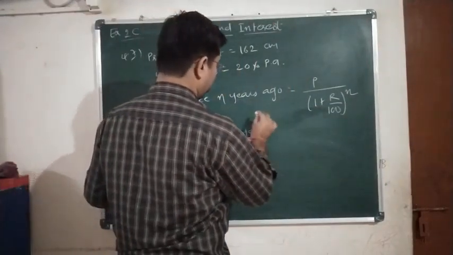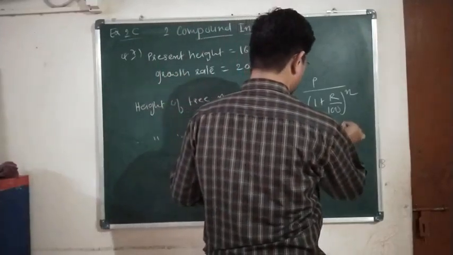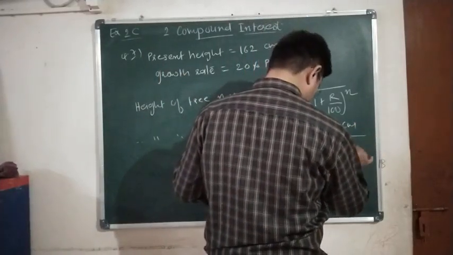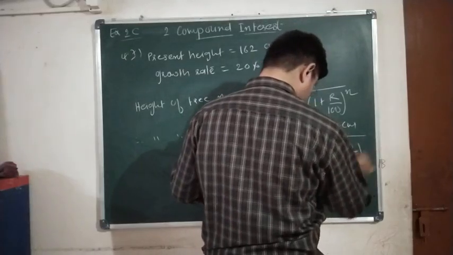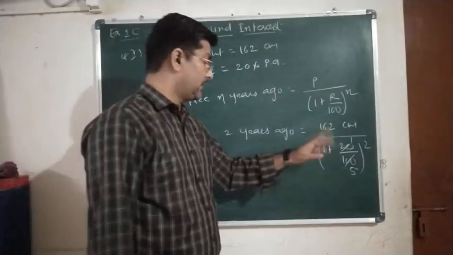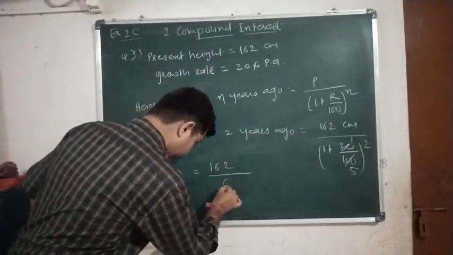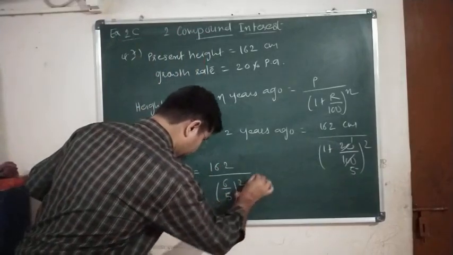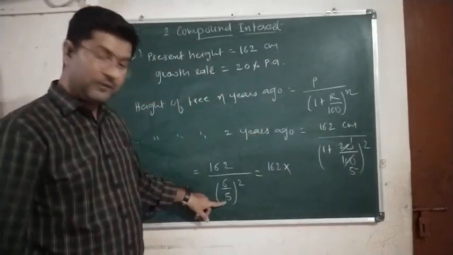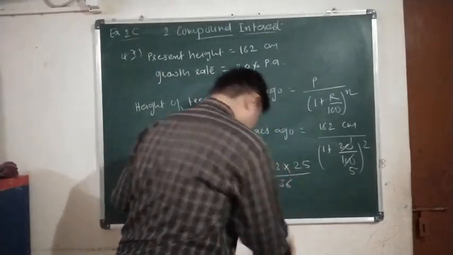We have to find the height 2 years ago, which is equal to present height 162 centimeter upon 1 plus rate 20 upon 100 raised to 2. 20 ones are 20, 5s are 5, 1 plus 5, 6. So 162 upon 6 upon 5 the whole square. This can be further simplified as 162 into 5 5s are 25 will be written in numerator. Yes or no? Upon 36.